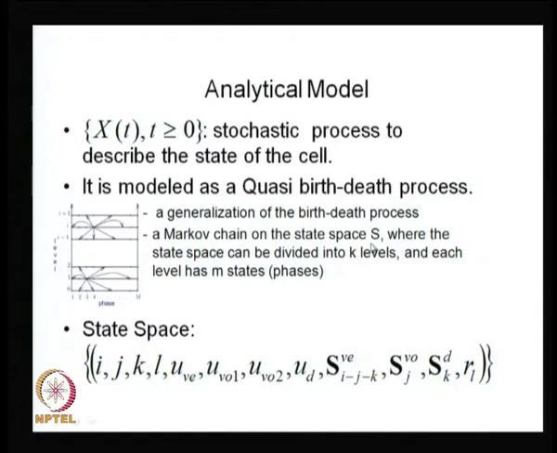Here we have a Markov chain with the state space S, and the state space can be divided into k levels, and each level has M states or M phases. It is a generalization of the birth death process, meaning suppose the system is in some ith level and some state, then it can go to the I minus 1th level in different states, or the I plus 1th level in different states, and so on.